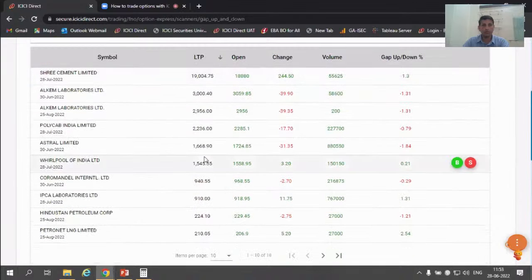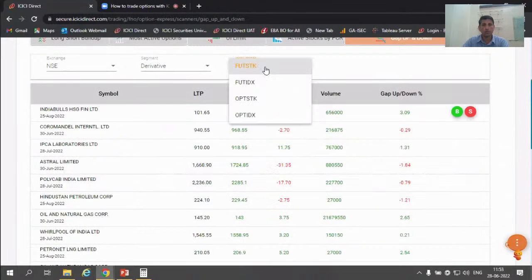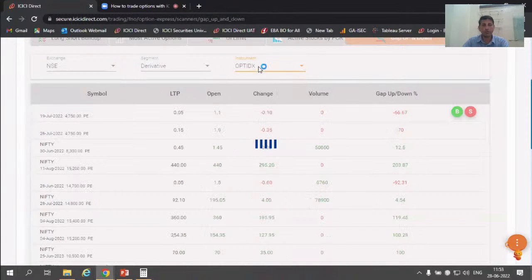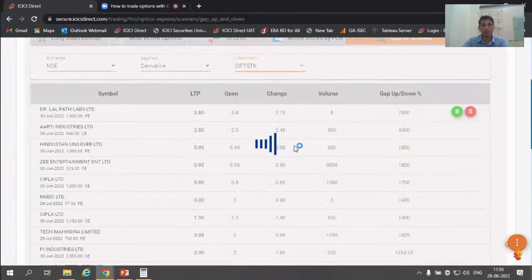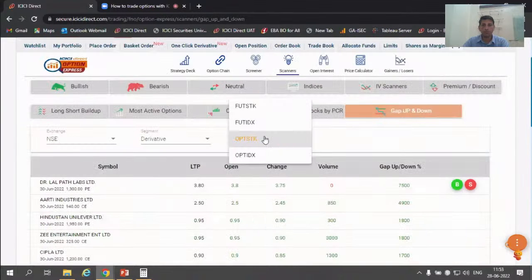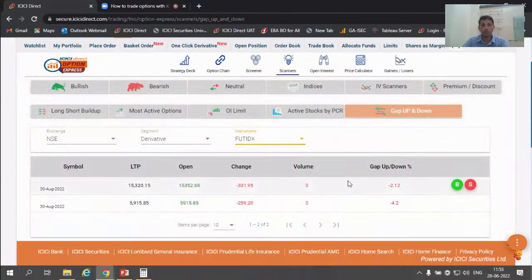If you want to go for a cheaper option, the futures and so on, you can even filter this by option index, option stock, future index, and so on and so forth.